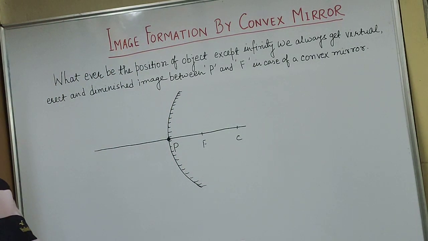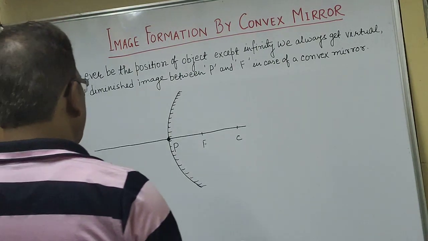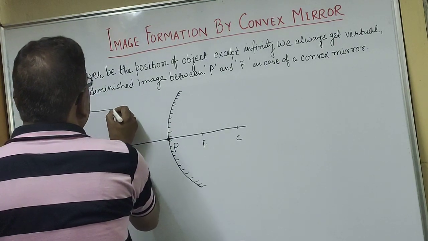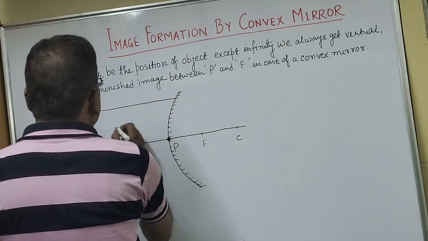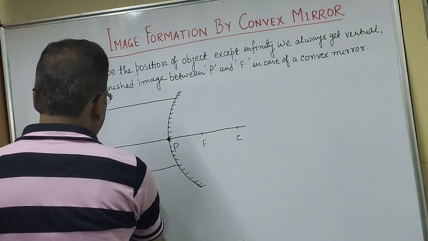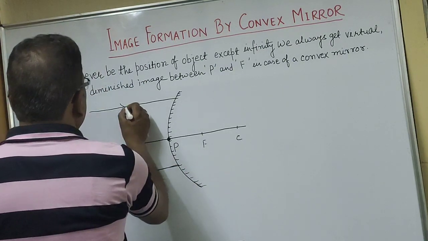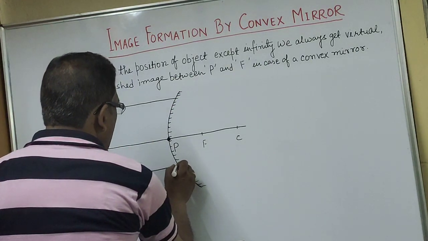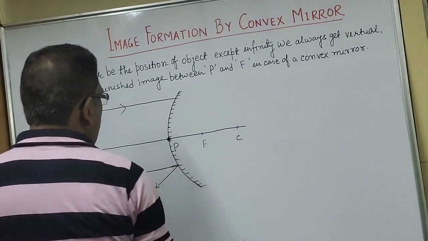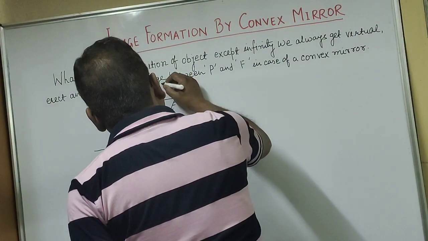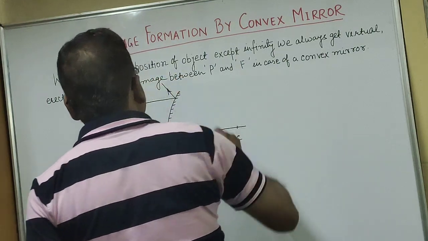When the object is at infinity, we assume that parallel rays of light are coming from the object. So take 2 parallel rays of light, because at least 2 light rays are required to make an image. Suppose these are the parallel rays of light falling on the mirror surface. The outer surface is the reflecting surface, so these rays will reflect back after striking the mirror like this.